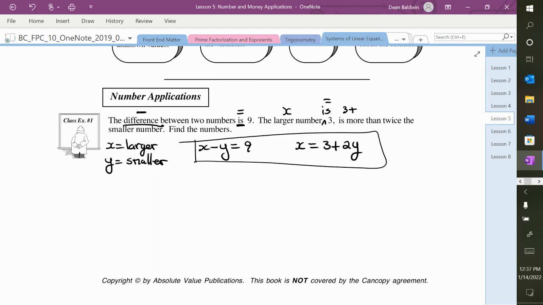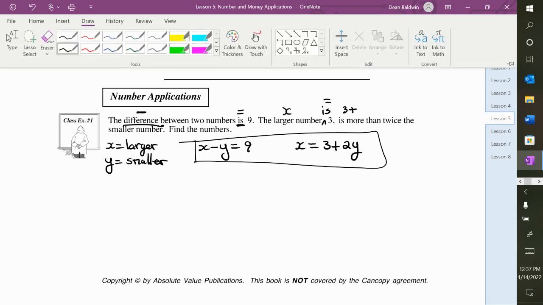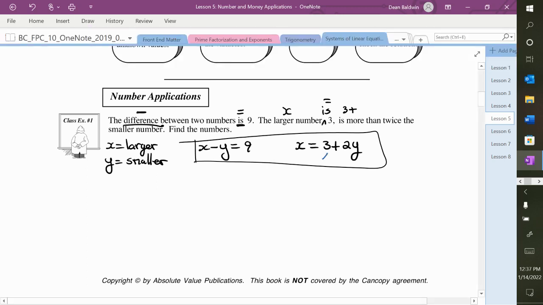But you can do elimination if you want. So all of that goes right there for x. So then it's just solving.